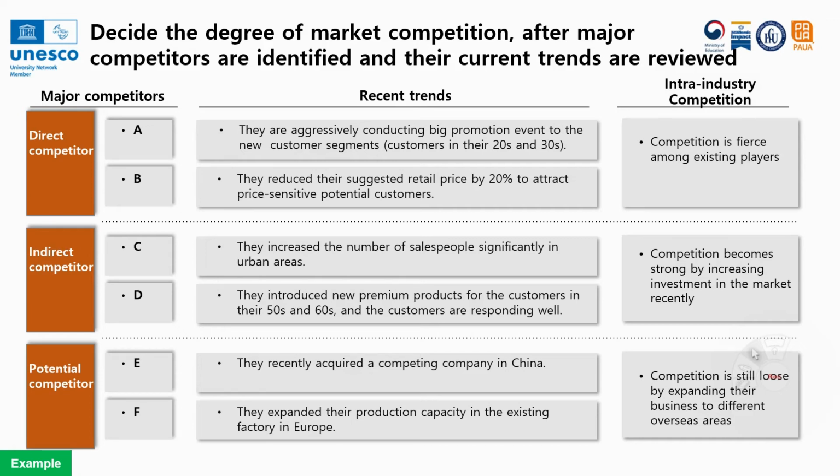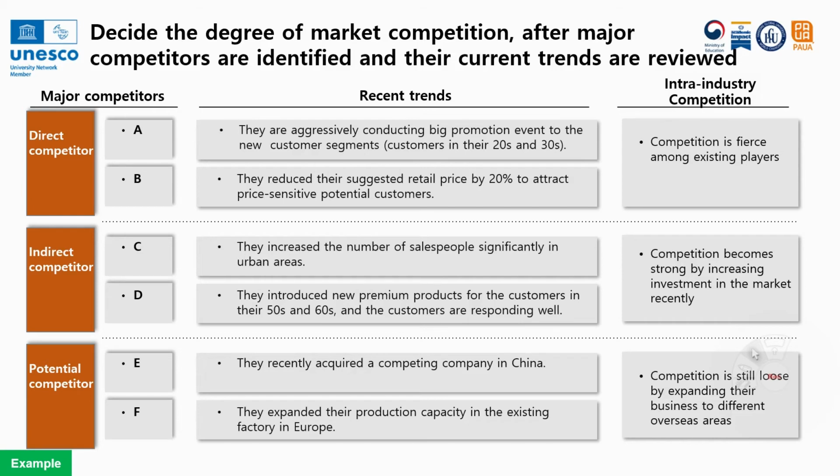In the case of C, they increased the number of salespeople, so they invested a lot in their staff. But in the case of company D, they try to attack the customer segment of 50s and 60s.